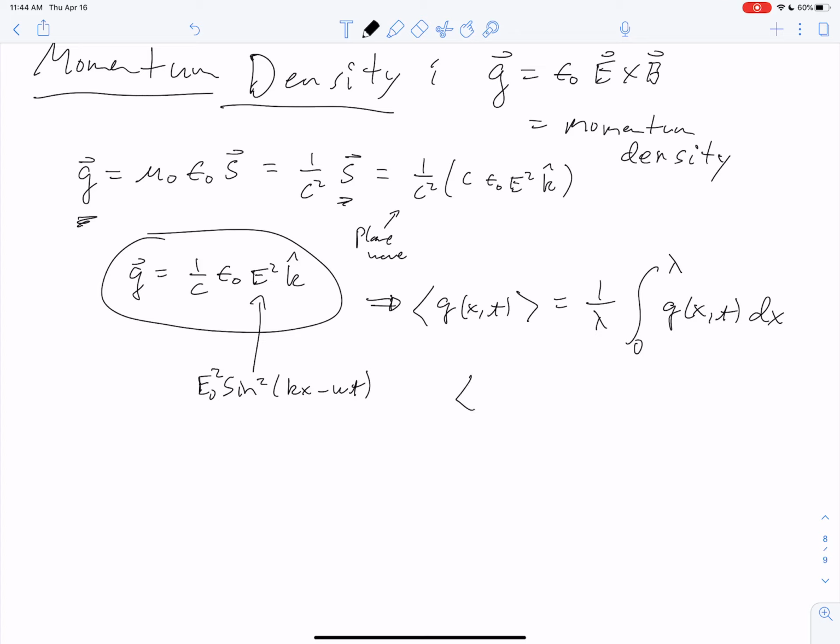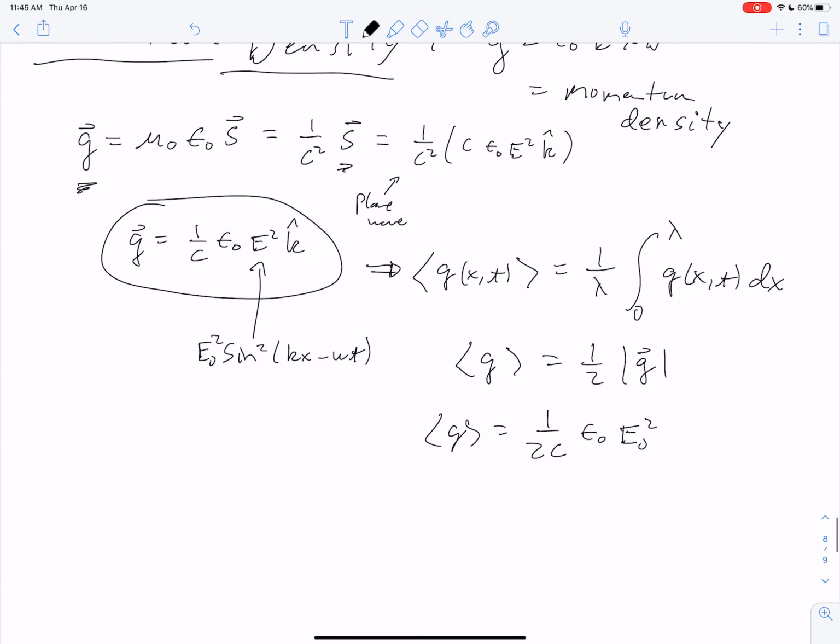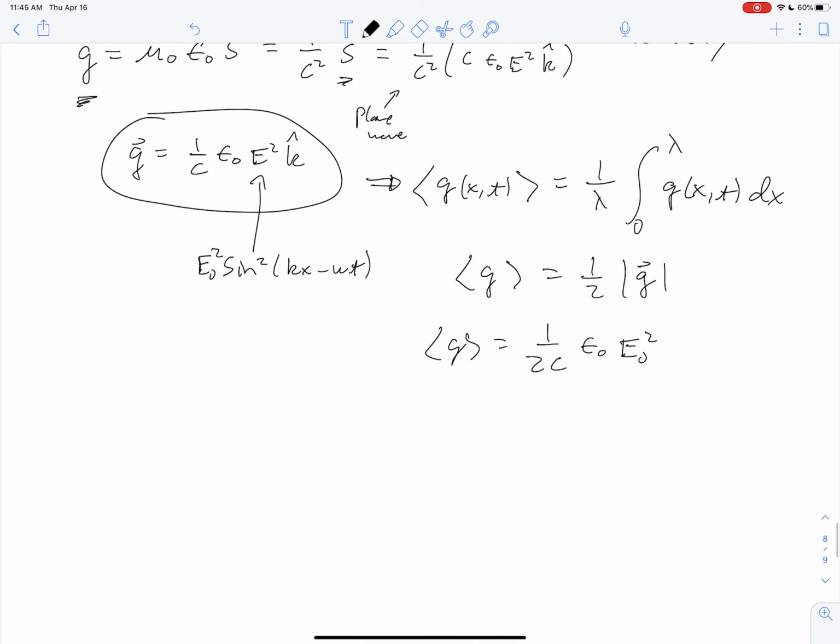You're just going to find that the average momentum density is equal to 1/2 the magnitude of G, so the average G is going to be 1 over 2c times epsilon naught E naught squared, because this integral is just going to give me a new factor of 1/2, which is what we just did a moment ago.